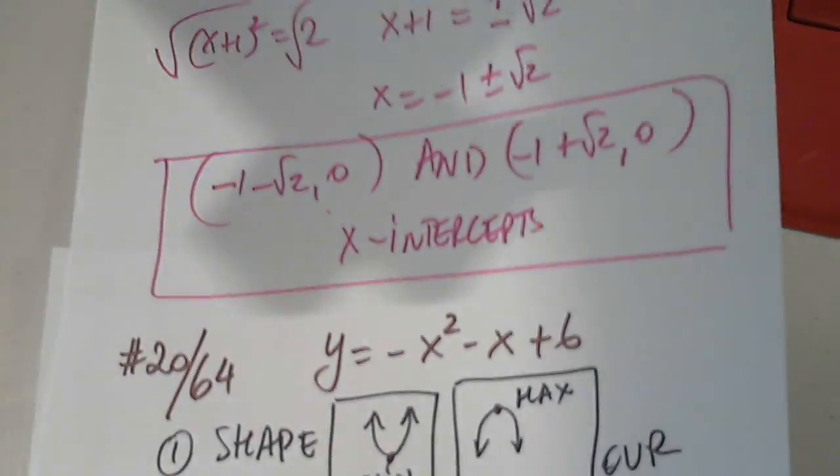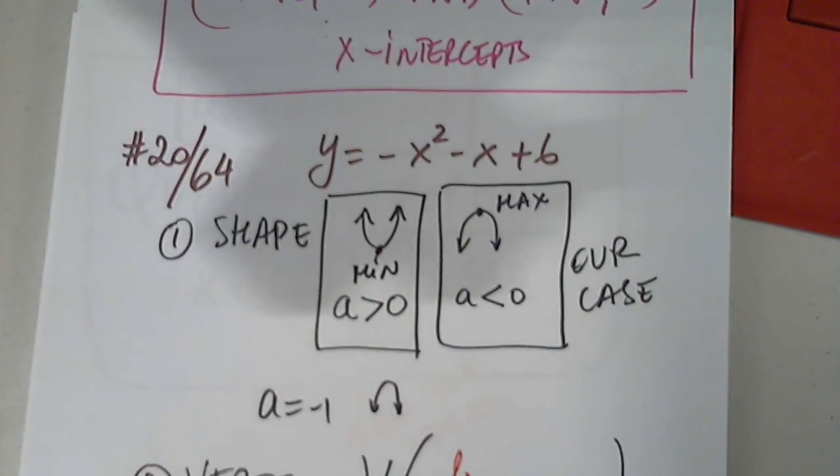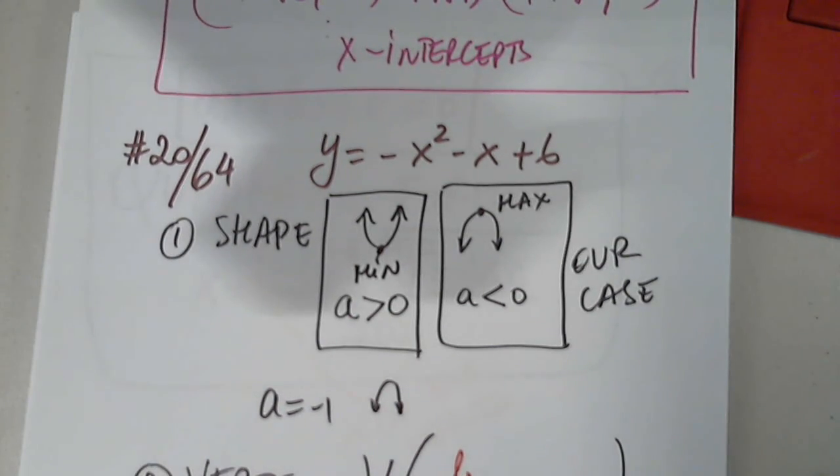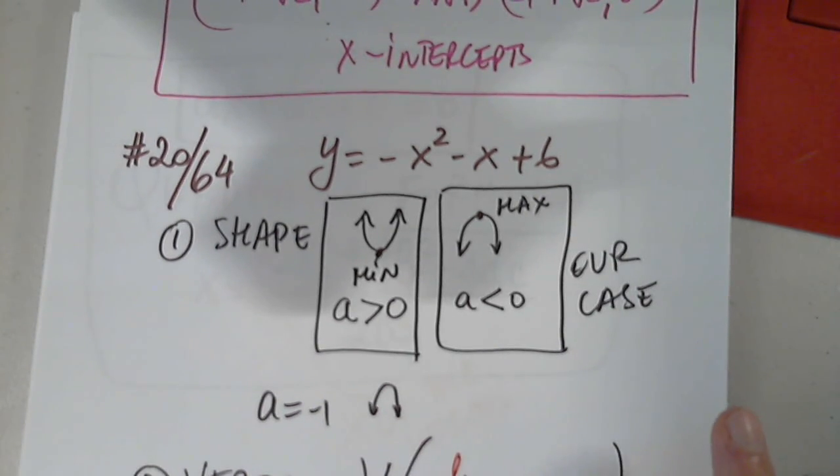Now, let's determine negative b over 2a, but how do I determine the y coordinate? Once I have the x coordinate, how will I determine the y? If I have this, let's say it's 3, how do I determine the y coordinate for the same function?